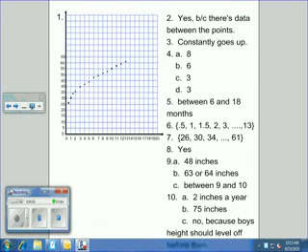Any questions about that? Any other questions? Yes, sir? Yeah, it should be 2. 4D should be 2. Sorry about that.